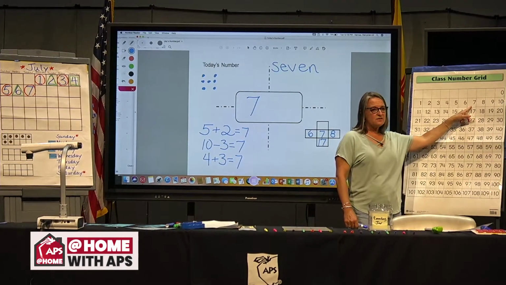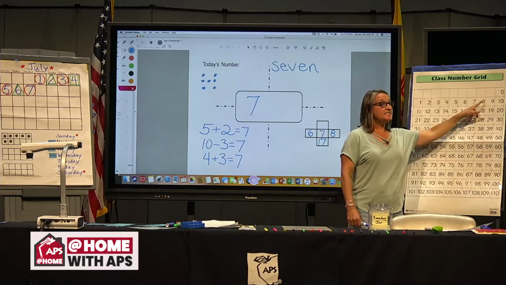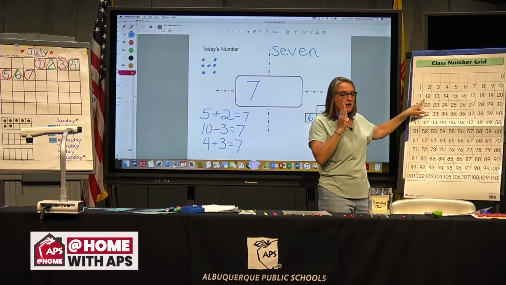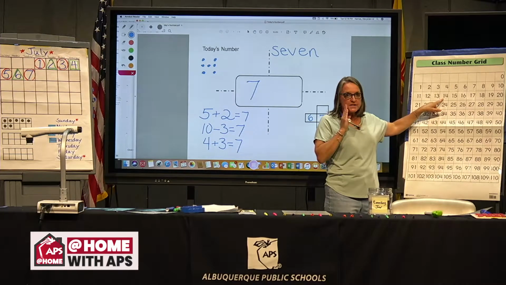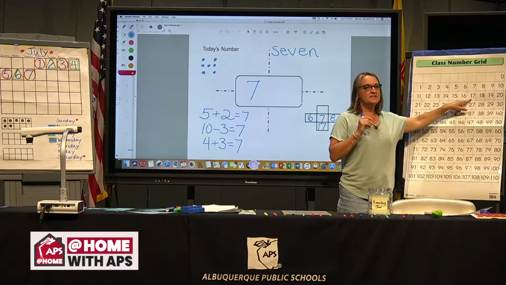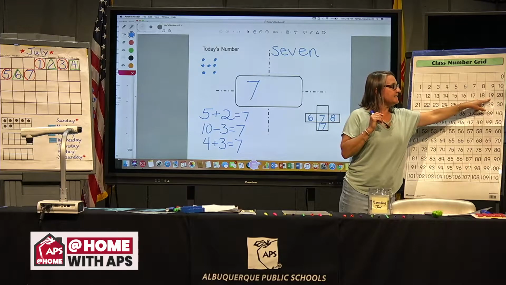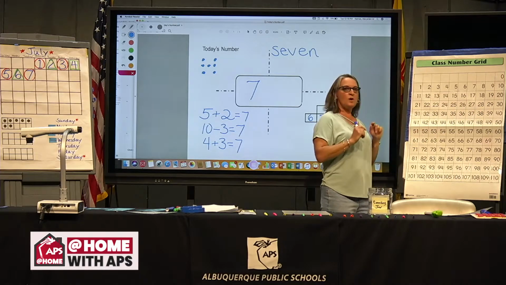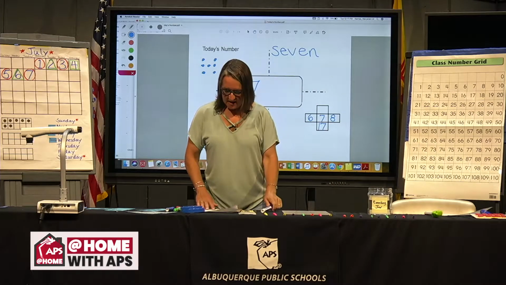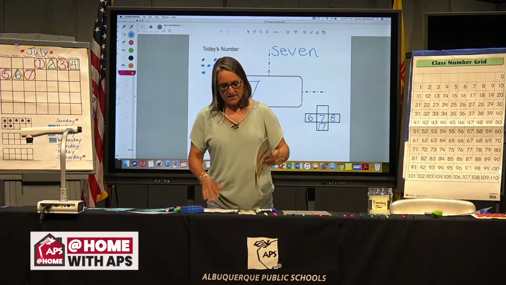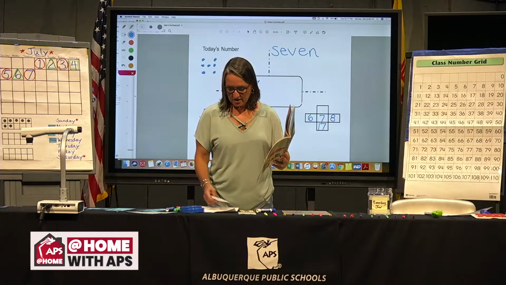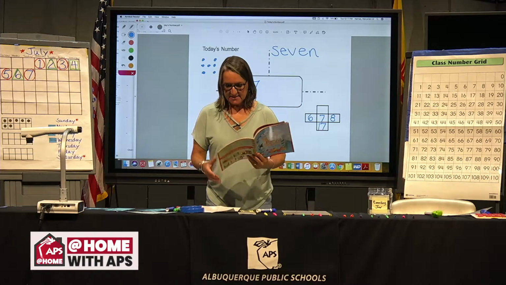You can do a little whisper count too if you need. 7, 8, 9, 10, 11, 12, 13, 14, 15, 16, 17, 18, 19, 20, 21. So there was a little counting by twos, but from 7. That made a different pattern of numbers, didn't it, than when we usually count by twos. And we're going to talk a little bit more about those types of numbers today.